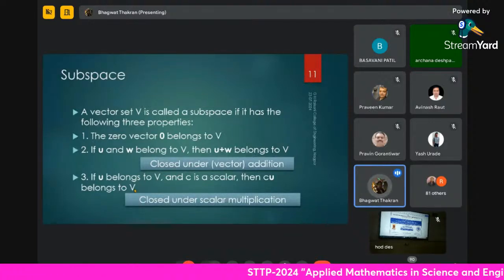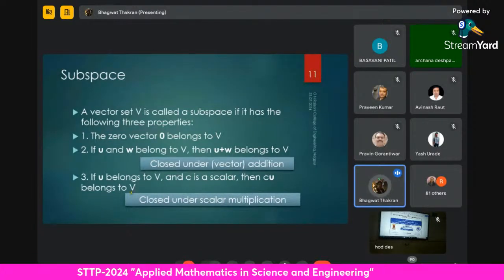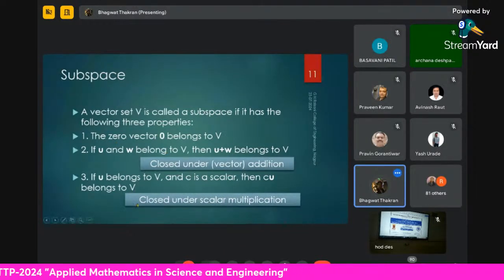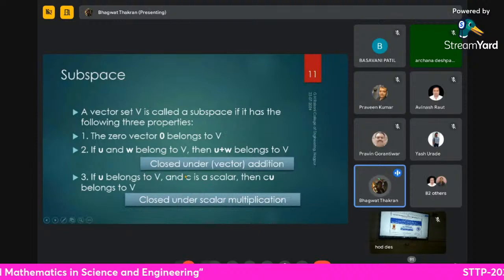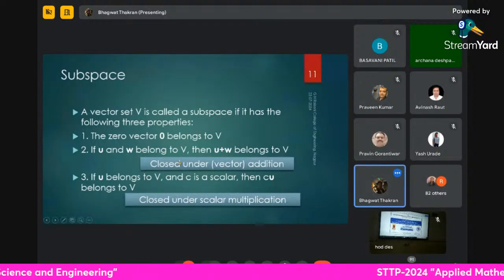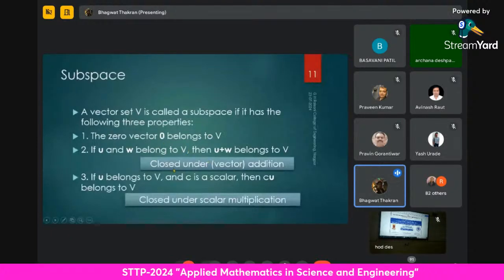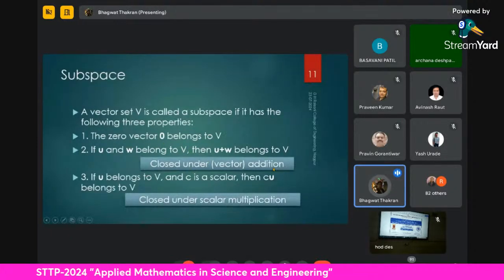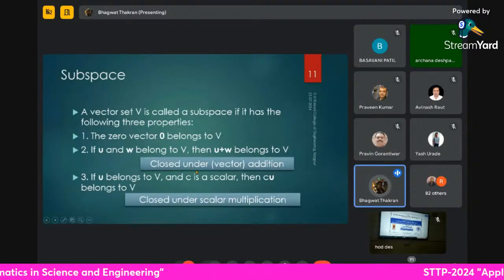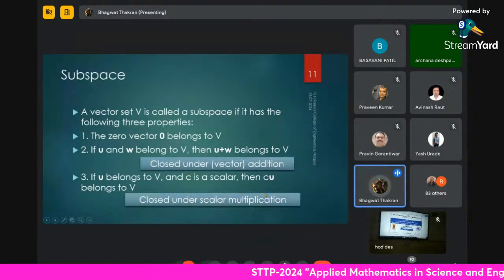That means if I consider a subset of a vector space, it should satisfy these three statements. The subset should contain a zero vector. The subset should be closed under addition, and it should also be closed under scalar multiplication.